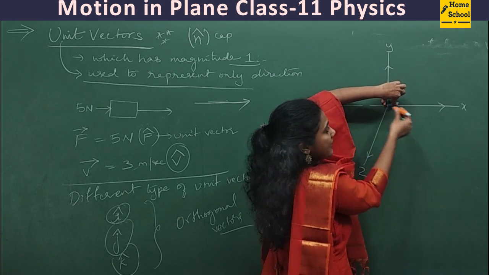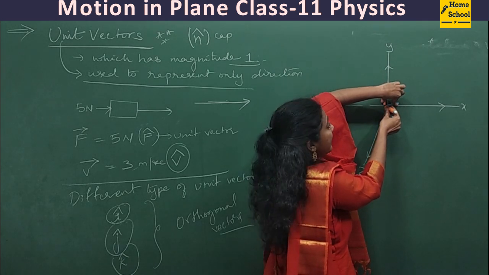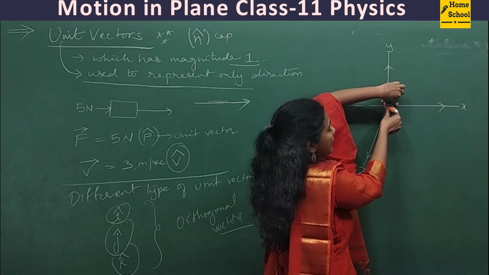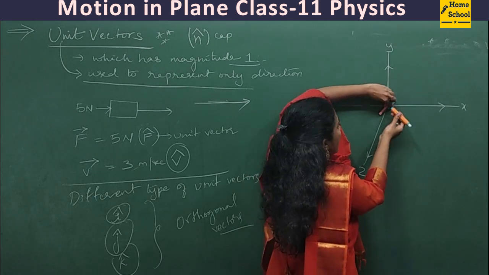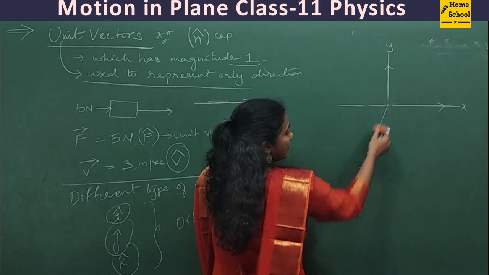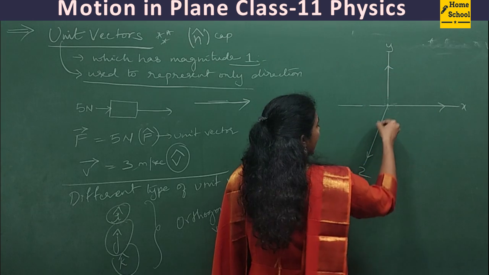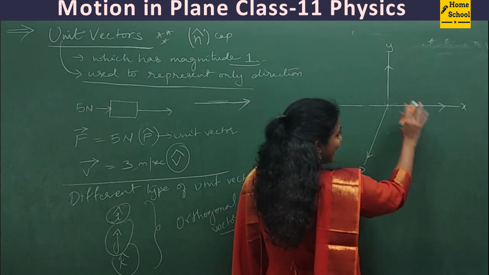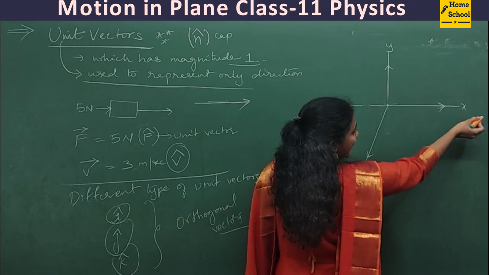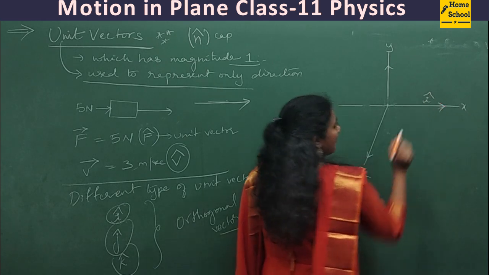This direction is the z direction. This is how we show 3 coordinates. It is actually coming out of the board, so to represent it on a board, we write a line like this. So this is our x axis, y axis, z axis. If a vector is moving in this direction, the x direction, then the unit vector is represented as I cap.